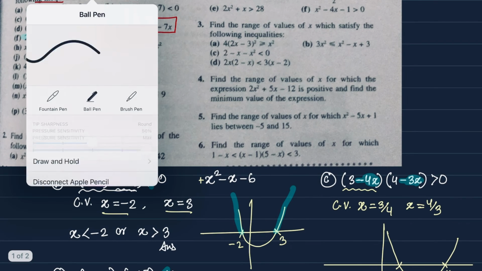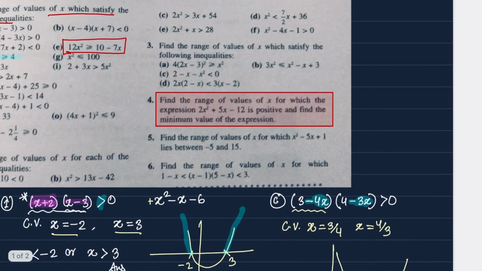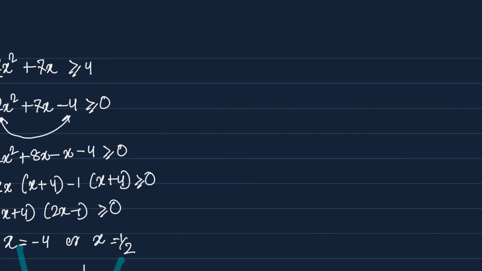What about number 4? It says find the range of values of x for which the expression 2x squared plus 5x minus 12 is positive, and find the minimum value of the expression. 2x squared plus 5x minus 12 has to be positive, which means it has to be greater than 0.